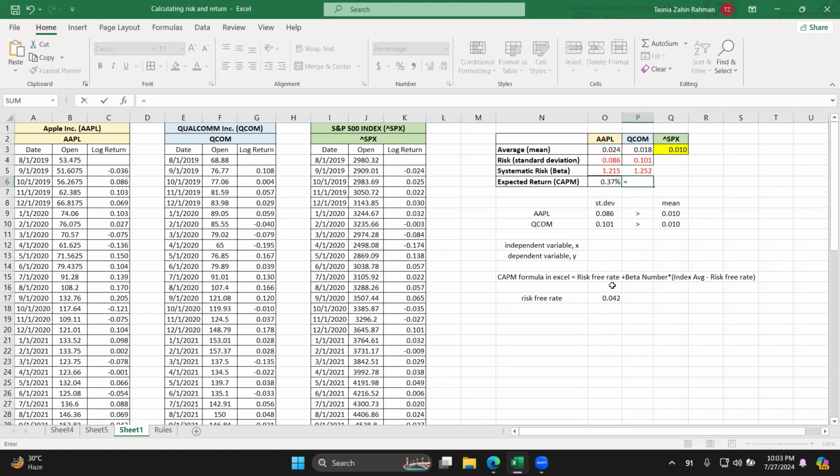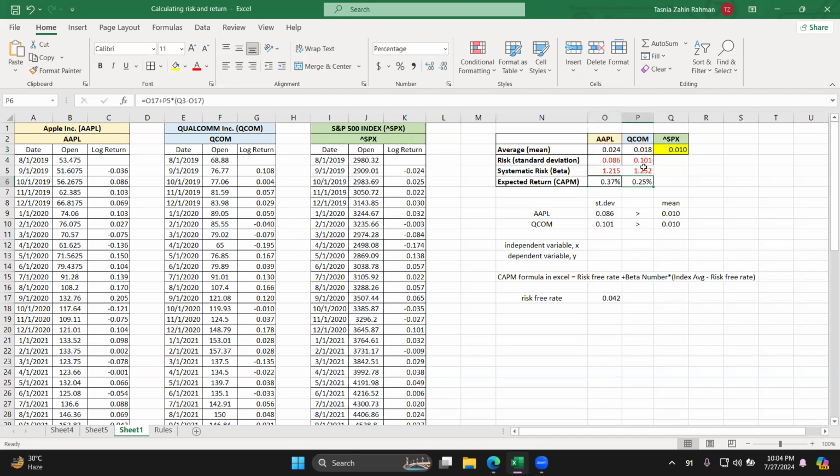Then again for QCOM, 0.25%. So the expected return on Apple's investment is 0.37%, and the return on QCOM is 0.25%.